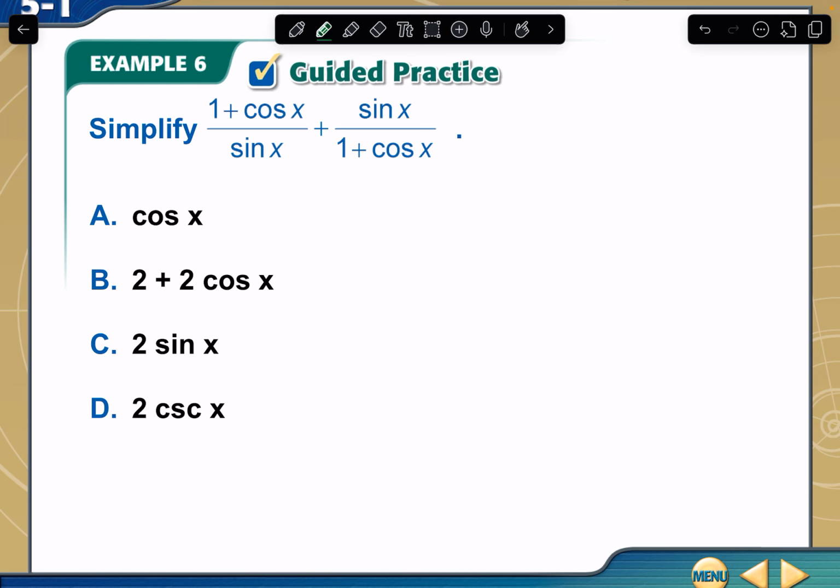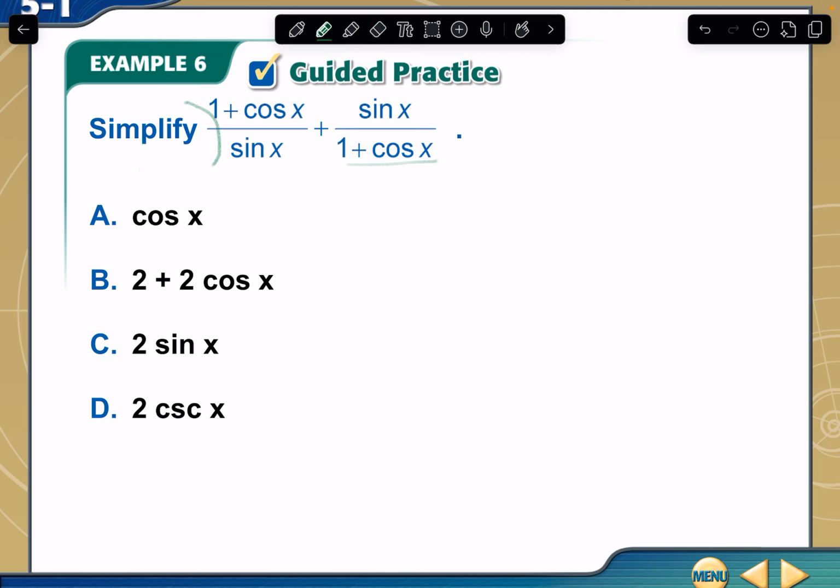So in order to make that happen, my 1 plus cosine over sine, I'm going to have to multiply by my denominator over here. So this whole side is going to get multiplied. It's kind of hard to tell what that is. I'll rewrite it.